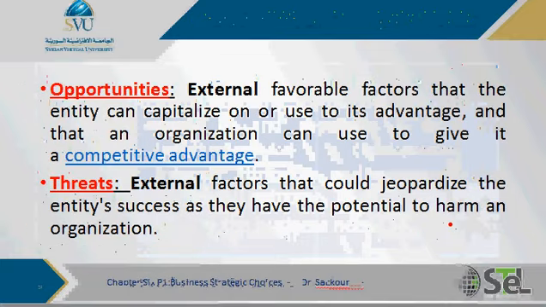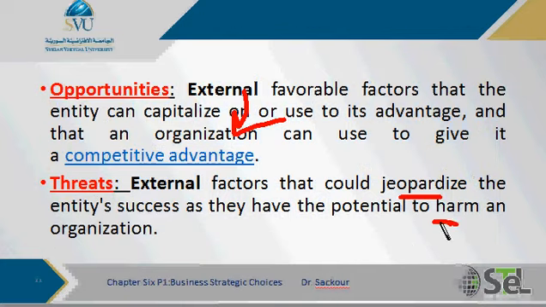Then we have opportunities which come from the external environment, and the threats, external factors that could jeopardize the entire success, as they have the potential to harm your organization. Right, guys? Easy one? I think so, right?